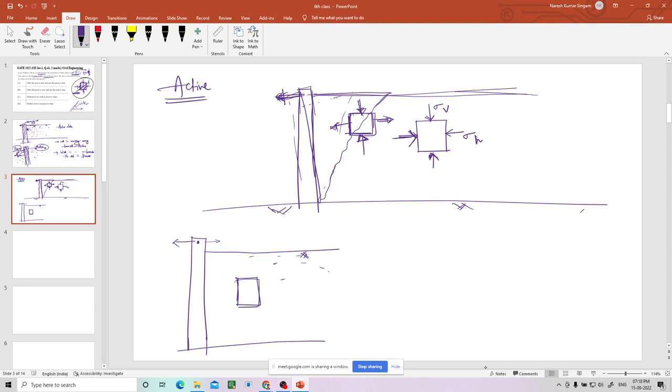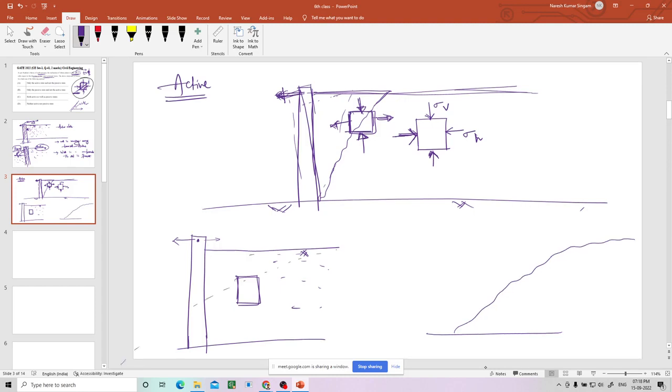There is a soil. If at all you remove this retaining wall, this soil will collapse completely. Suppose the retaining wall is not there, then the soil comes like this, right? It goes like this. This is the diagram I have drawn.